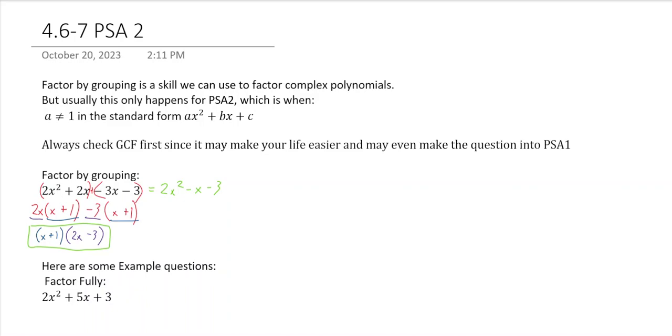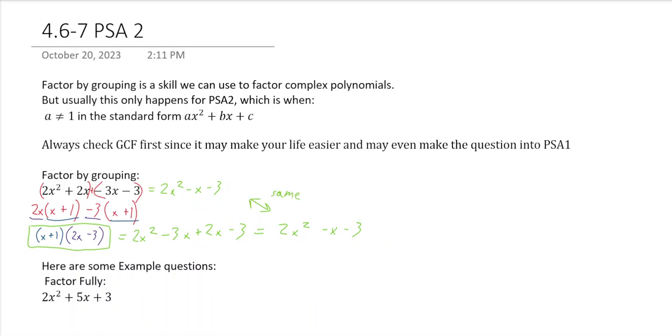If you want to just double check that this is correct, you could also expand this back out, just to see if that's true. Plus 2x minus 3, and then put that back together, and you'll see again that this and this are the same, so therefore we've done it correctly.